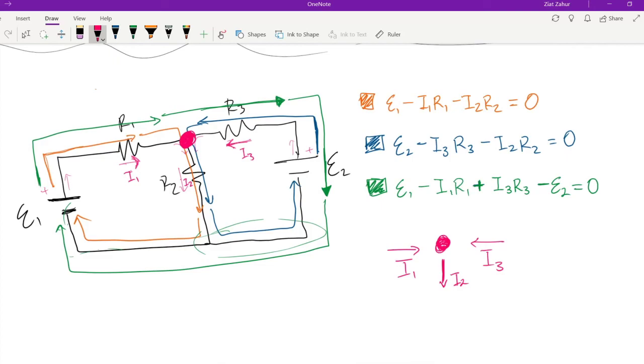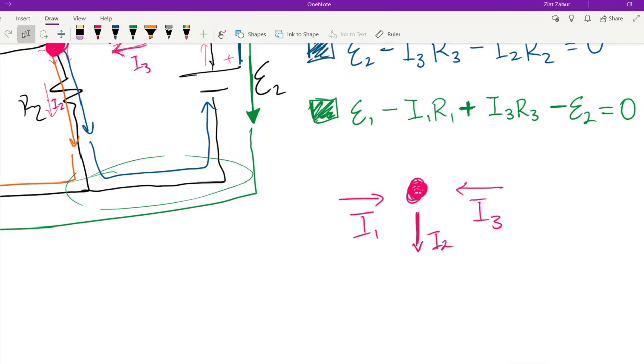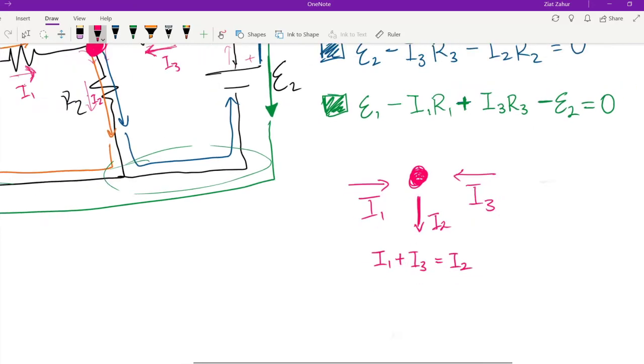All right, chat, go ahead and write down the junction equation based on this diagram here. Remember, it's current into the junction equals current out of the junction. There we go. So I1 plus I3 must equal I2.